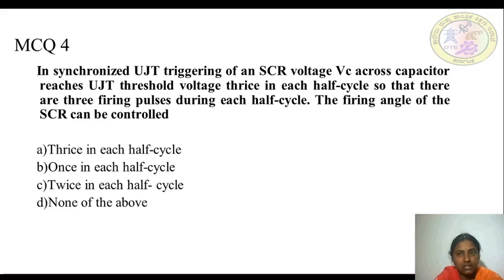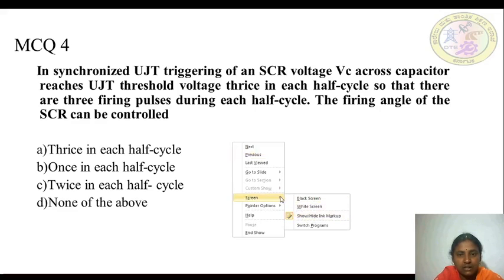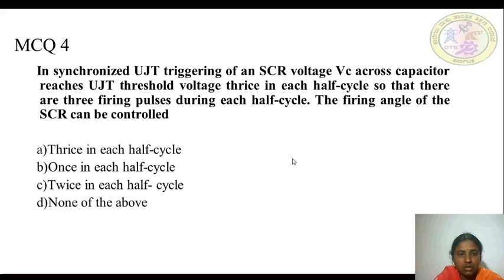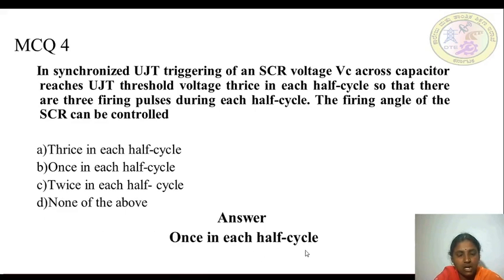So what is the answer? The capacitor is reaching its peak point voltage 3 times in each half cycle, so there are 3 firing pulses obtained in each half cycle. Now let us see the answer. It is once in each half cycle.